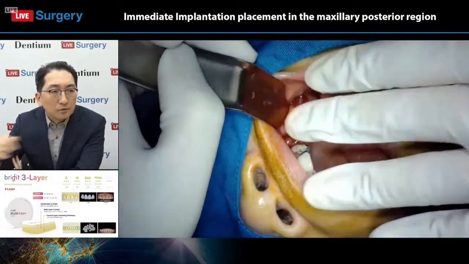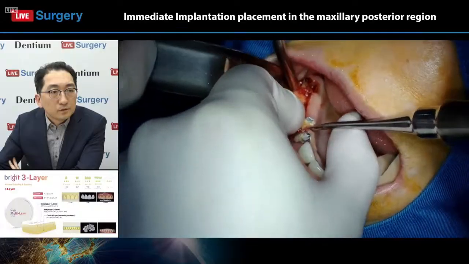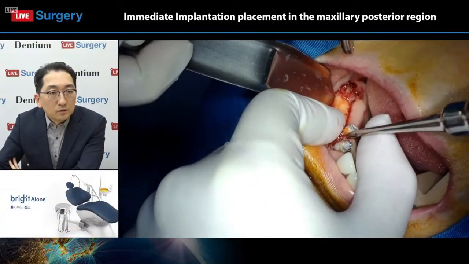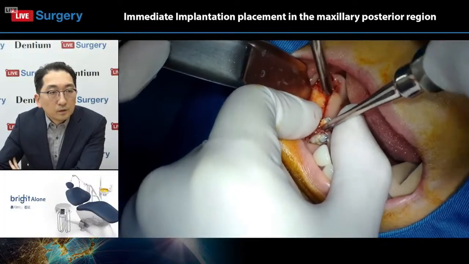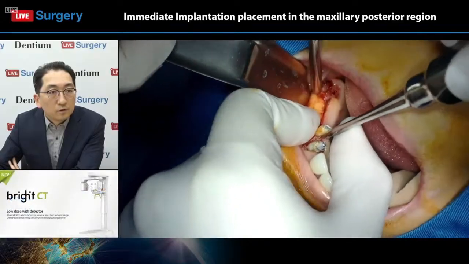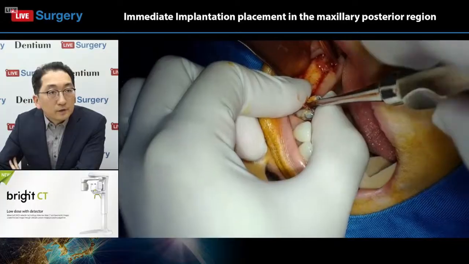After raising the flap, now extract the tooth. 24. Using the elevator.